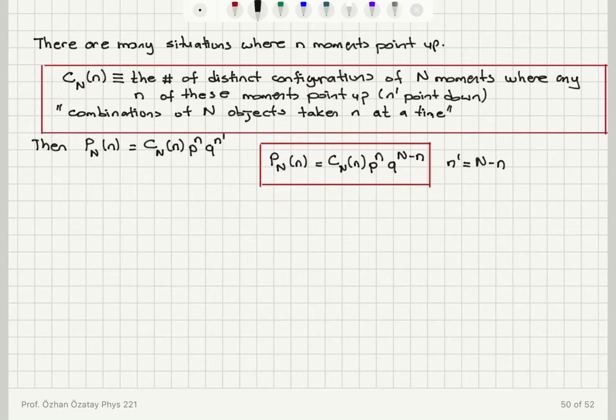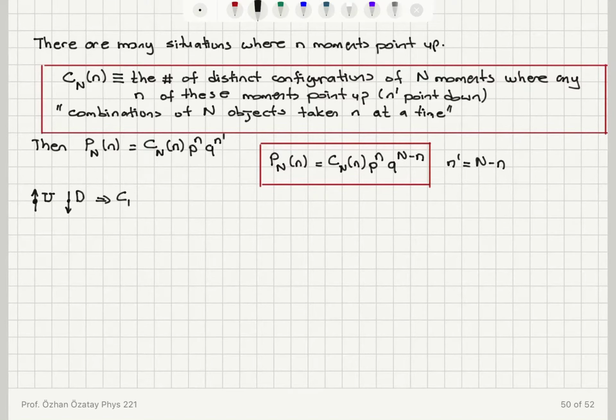Okay, so this is the way I think about it. When a moment points up, I'm going to call this U. When a moment points down, I'm going to call this D. All right? So I'm trying to figure out how to calculate this number of distinct configurations.